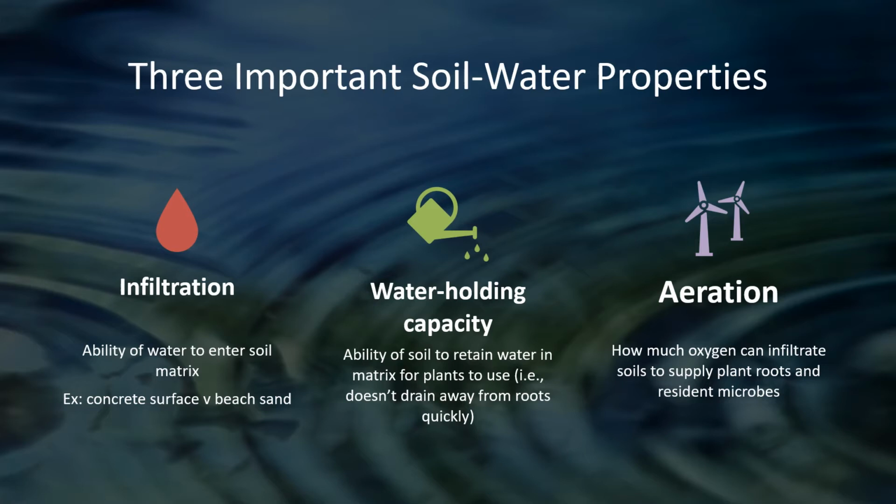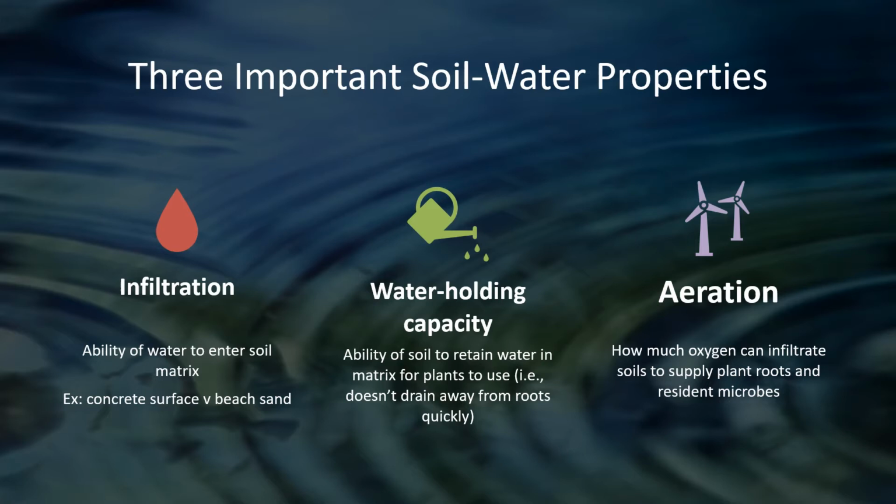So if you've ever sat on a beach and you've watched how fast water drains through sand when waves recede from the shoreline, this is because sand has really large connected pores between the sediments. Alternatively, concrete is made up of large sand sediments, but the spaces between these are filled in by cement. And so this prevents water from infiltrating, and instead water will pool on the surface of concrete.